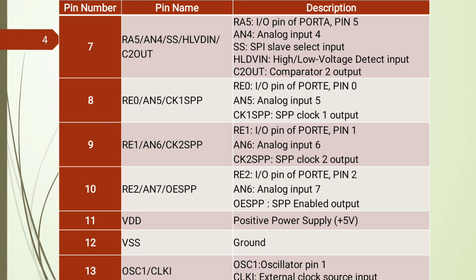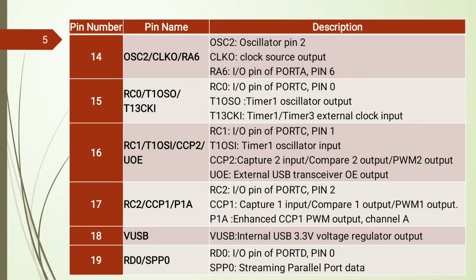Additional pin functions are also there for serial operations. After that, we see the supply connections at 11 and 12, where plus 5 volt and ground supply are given. After that, at 13 and 14, similar to 16F, the oscillator connections are there, oscillator in and oscillator out.